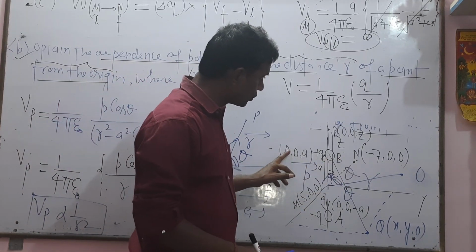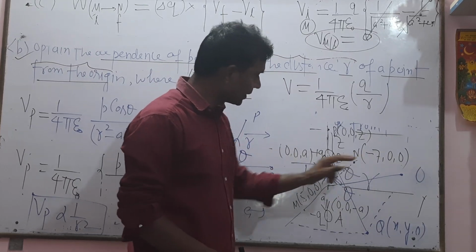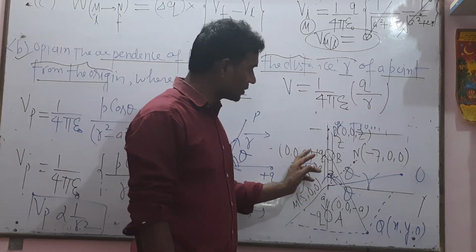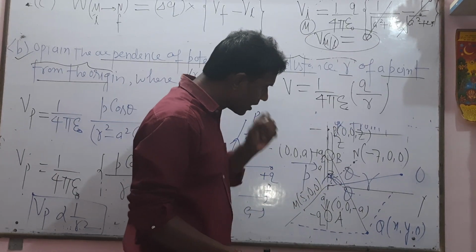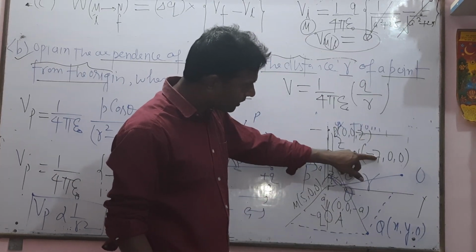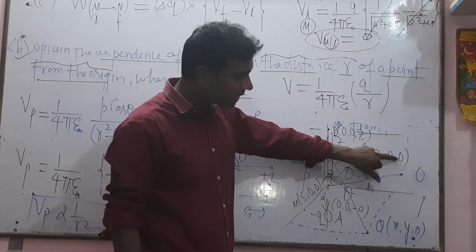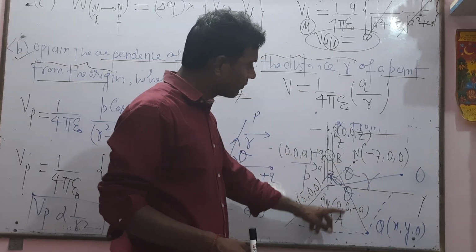Bn is what? (0 minus 7) whole square, which is 49, (0 minus 0) whole square, (a minus 0) whole square, implies a square plus 49.